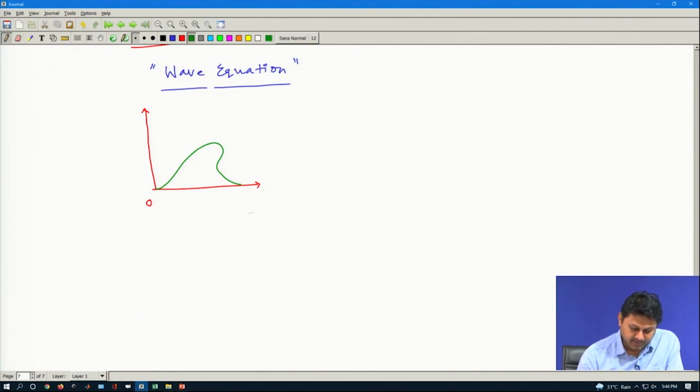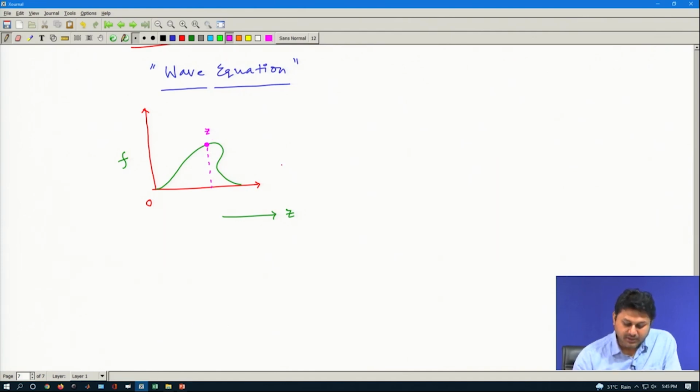This is the z coordinate, along this direction is z, and the function distributed here is f. Let me define a point over this wave, with coordinate z, at time t equal to 0. So the function we have here is f(z) at t equal to 0.